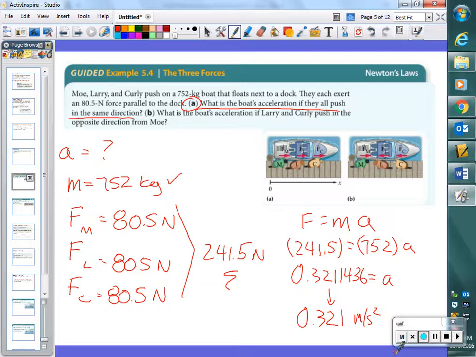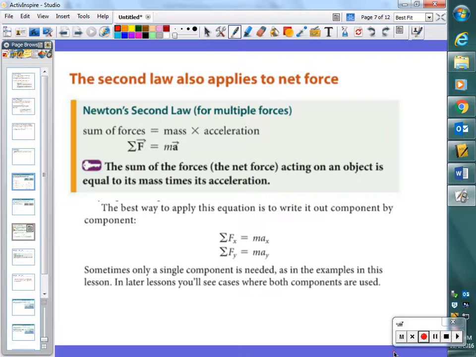So before we do part B, let's update Newton's second law. All right? So when we have multiple forces acting on an object, we have to look at the combined effect of all of those forces. And the combined effect of all of those forces, the sum of all forces, we refer to as the net force. Okay?